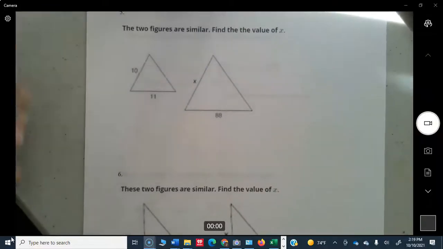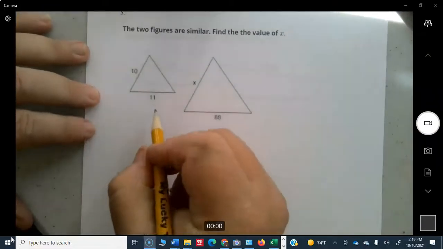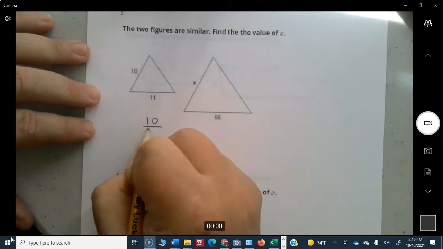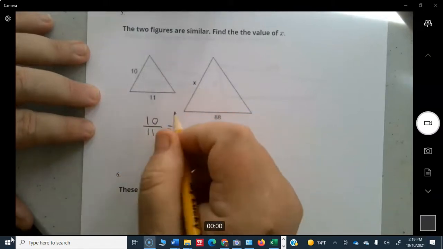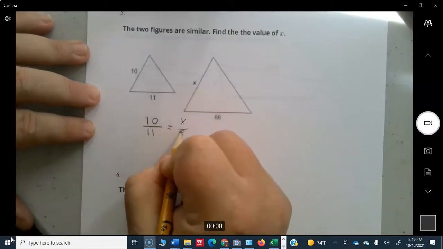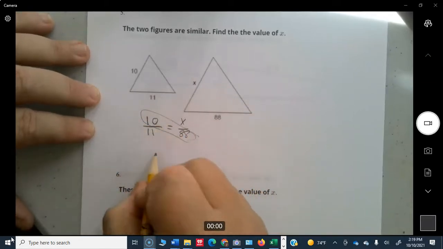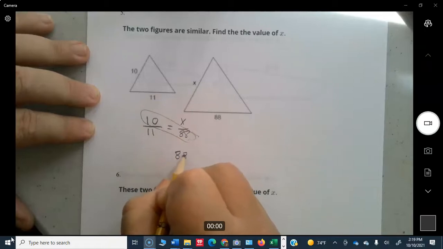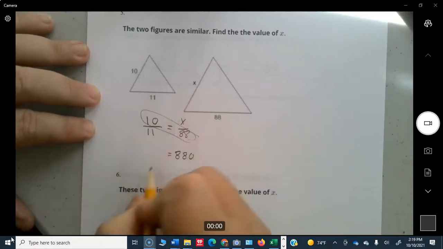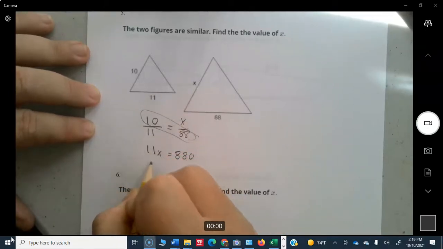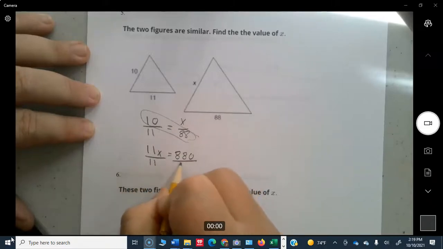Okay, we'll keep going. Again, same thing here. 10 is to 11 as x is to 88. Cross multiply. 88 times 10 is 880. And 11 times x is 11x. Divide both sides by 11.